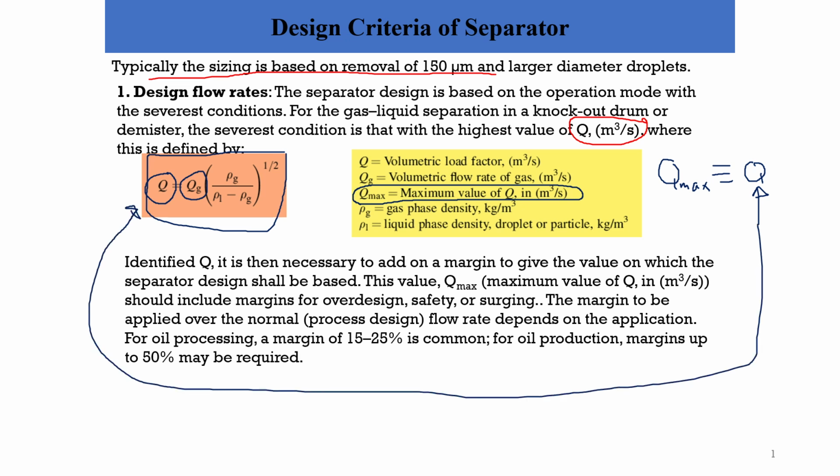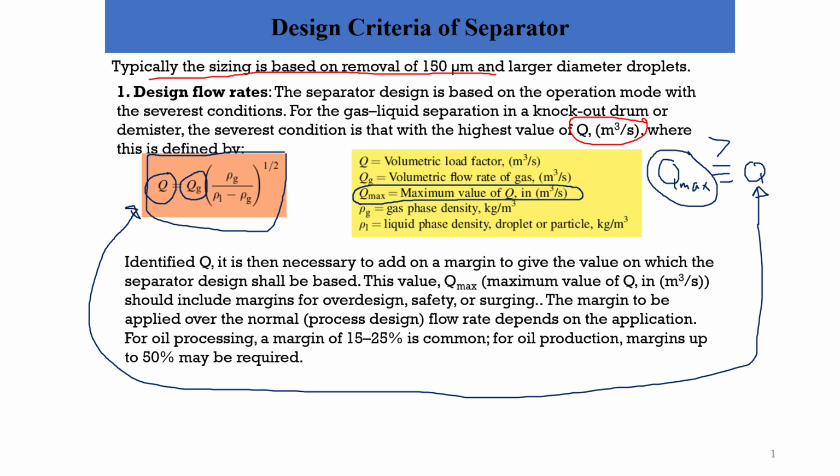This margin is what we call the over-design margin, the safety margin, or the surging margin, and it takes into consideration safety, over-design, and surging factors. Based on that, Q max will be greater than Q, and Q max will be the value that you do your design on. The margin that you add to the Q value will be different based on the operation or application that you are looking at.